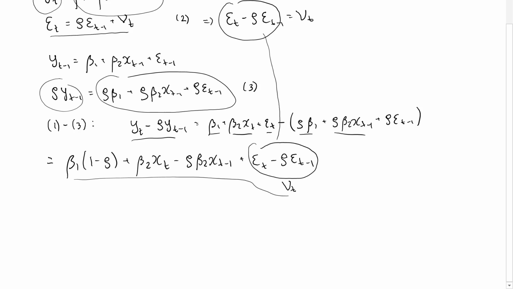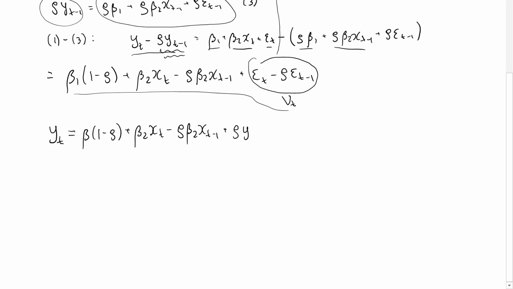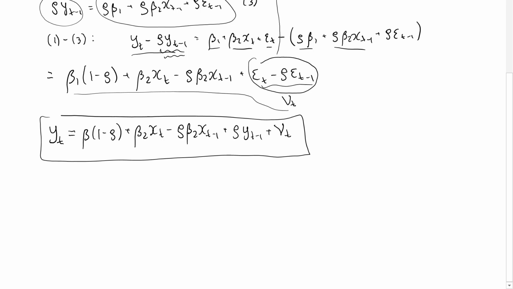So let's move this second term over on the right hand side as well. Then we have the final result. y t equal to beta 1 times 1 minus rho plus beta 2 x t minus rho beta 2 x t minus 1, and then we can take this term, plus rho y t minus 1, plus, then we have this term which is now nu t. We will call this the transformed model.